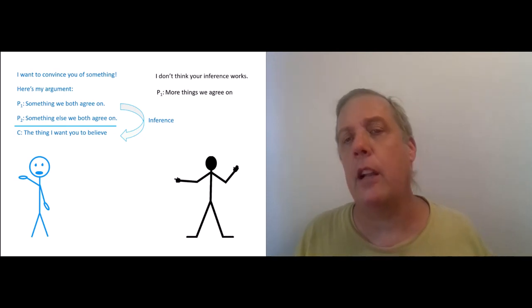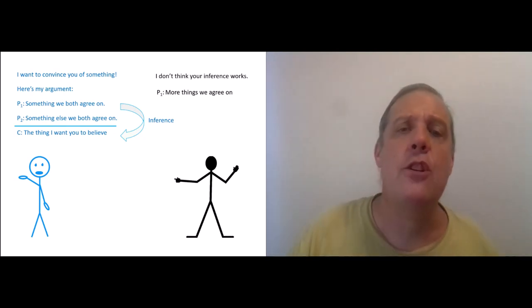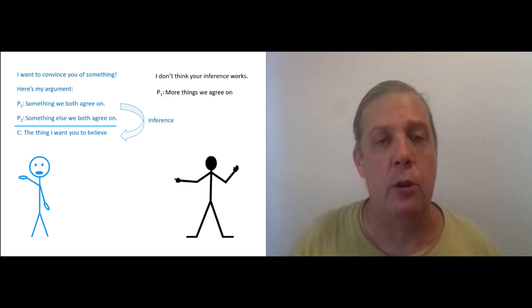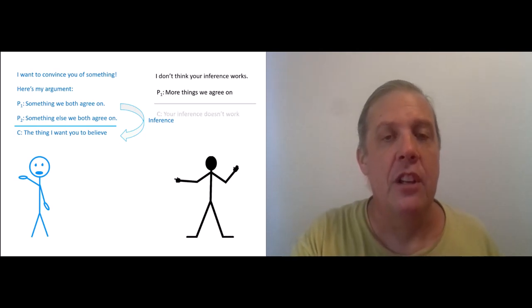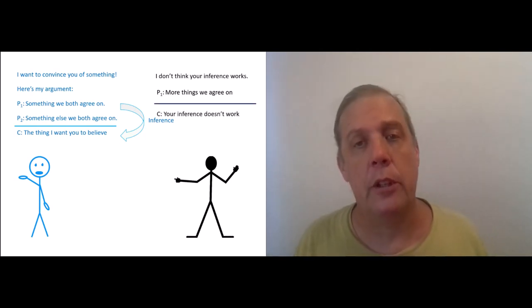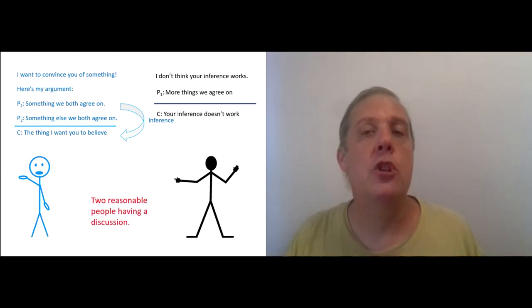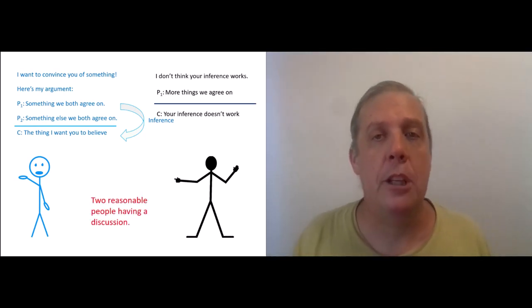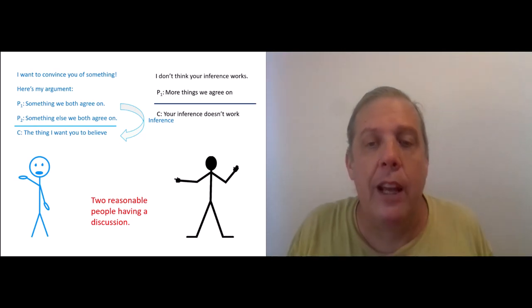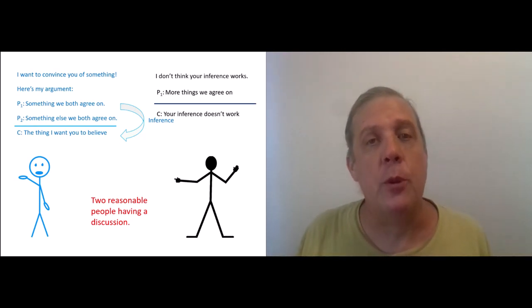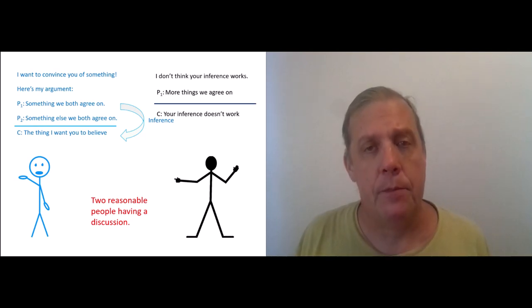And he'll bring in another premise that is another thing that they both agree about, right? And then he says, therefore your inference doesn't work. So this is two reasonable people having a discussion. And this is great. This is how people actually acquire true beliefs.